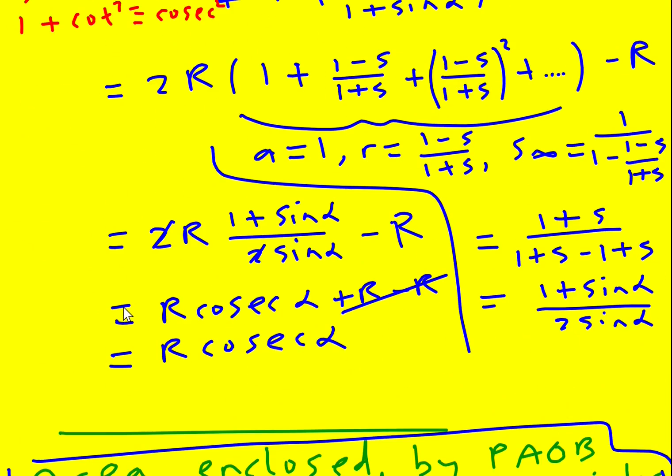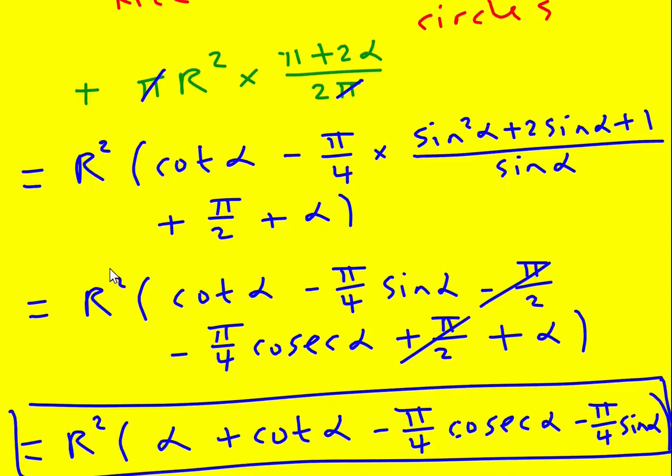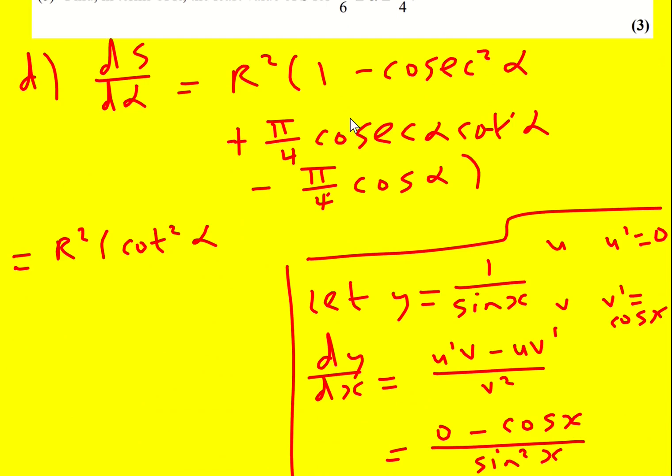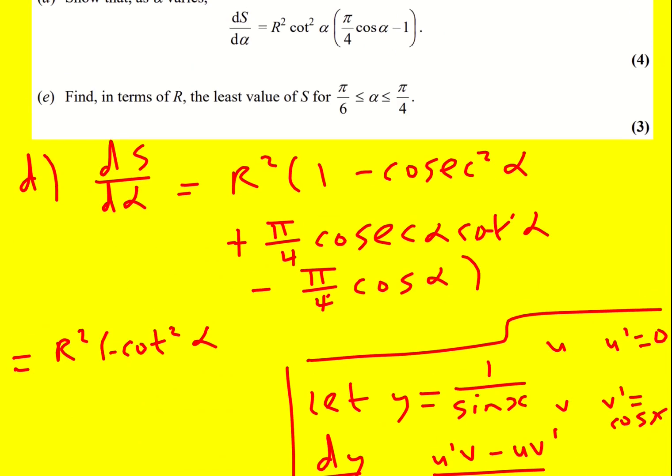So 1 minus cosec squared is minus cot squared. And that's what we have here. So this should be a minus, sorry. And that means I basically dealt with this part. Sometimes you just spot these errors as you go along. I rushed that bit. I don't have the whole page in front of me, so I can't just quickly look back and see these identities.